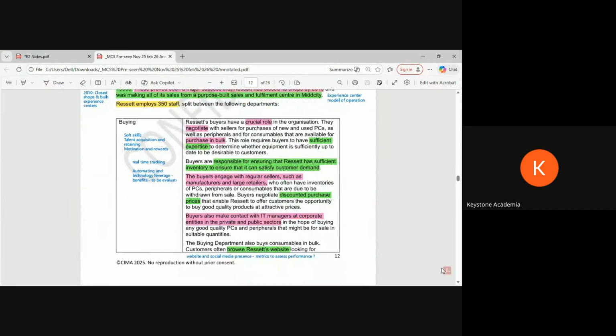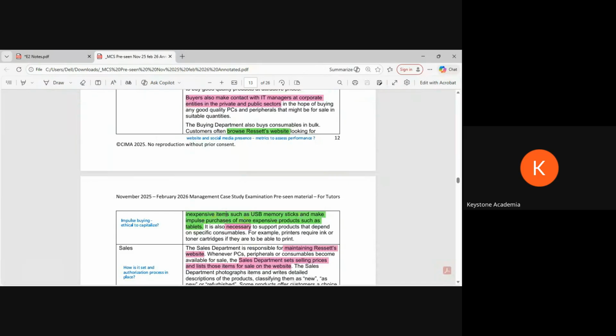They have mentioned the buying department also buys consumables in bulk. Customers often browse the Ressett website looking for inexpensive items such as a USB memory stick and make impulsive purchases of more expensive products such as a tablet.